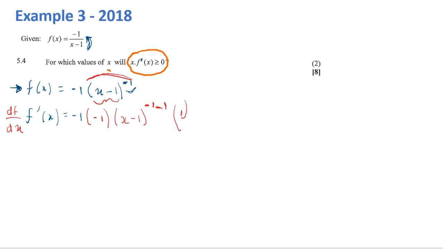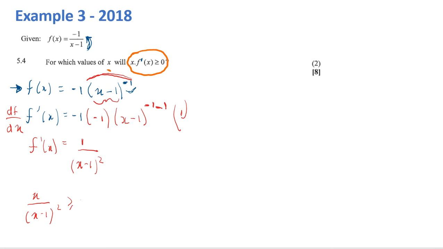So it's easy. What you get is 1 over x minus 1 squared. That's f prime. Okay, and so what they want is the values of x where this function is larger than 0.